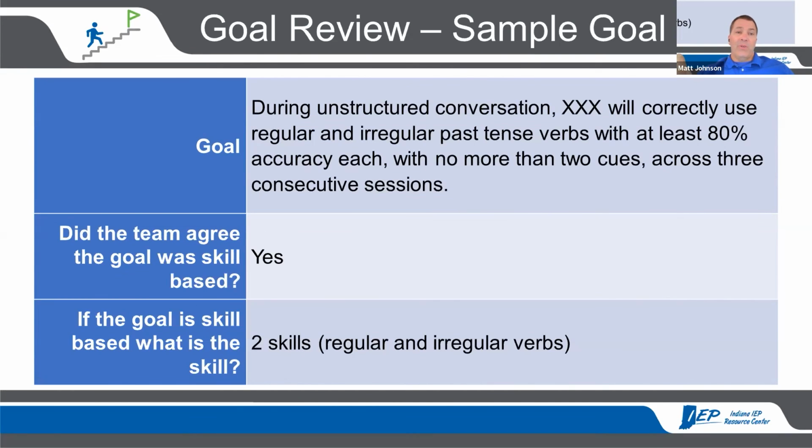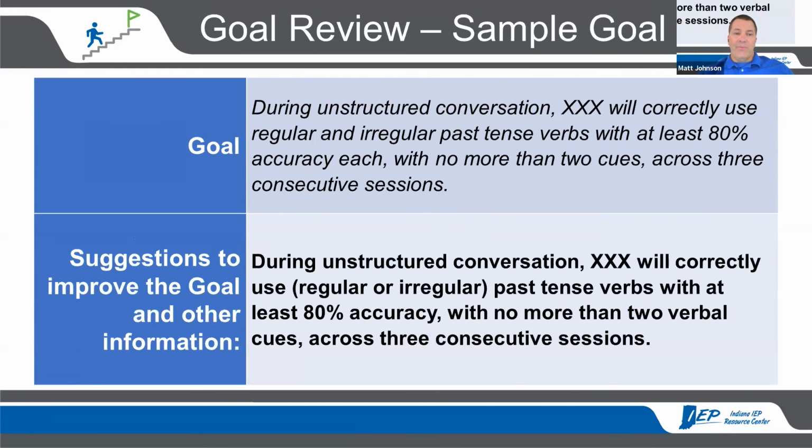And we decided the goal was skill-based. However, there are 2 skills listed there, using regular and using irregular past tense verbs. The way we talked about this as a means to fix it, as we had more conversations, there's more construction I'd add to it. During unstructured conversation, that can happen at any time during the school day.